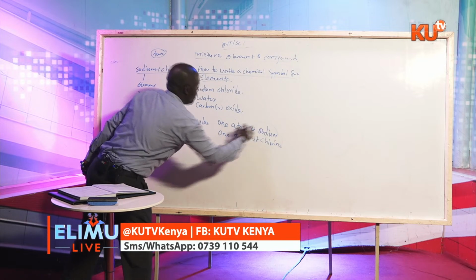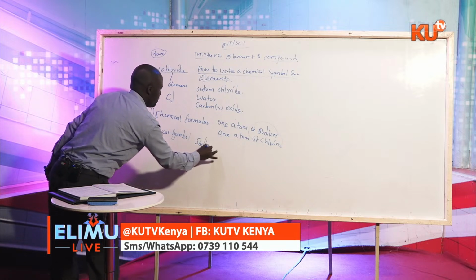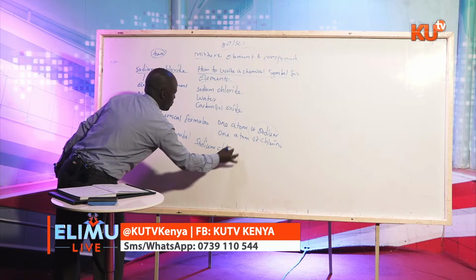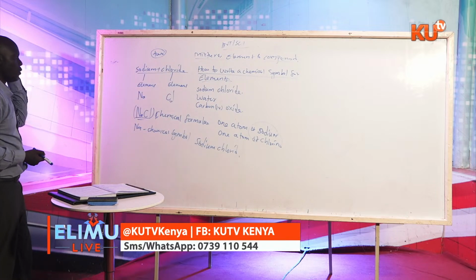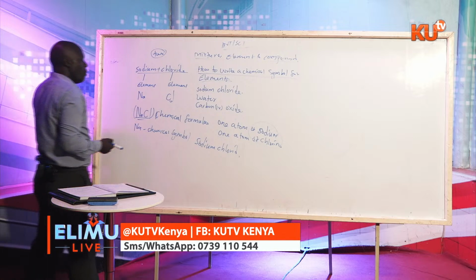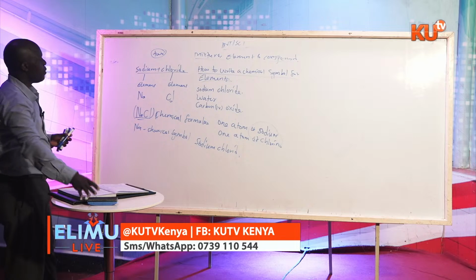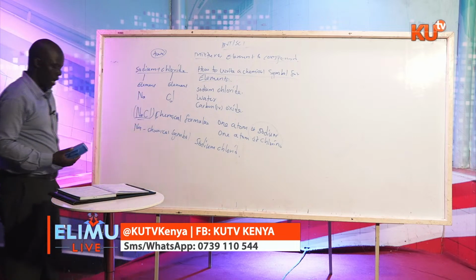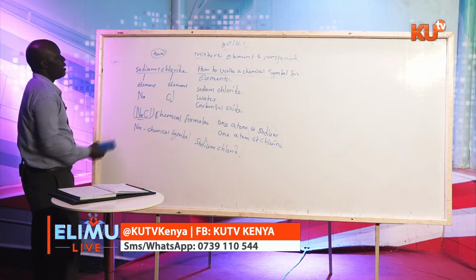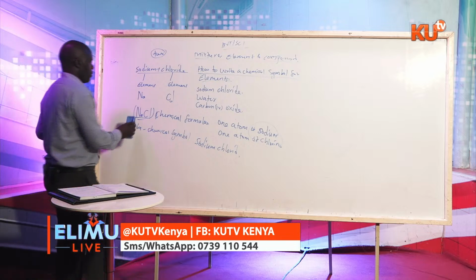So these two mixed together, we get a compound called sodium chloride. That's how a compound is formed. A compound is formed by two elements chemically combined together. So we have seen how we are supposed to write the chemical formula for compounds.